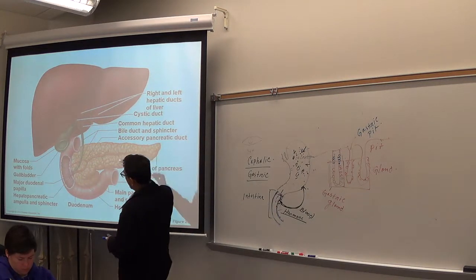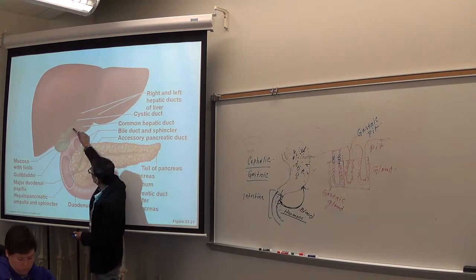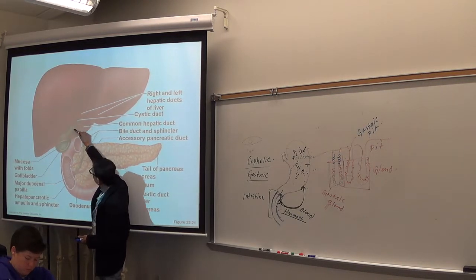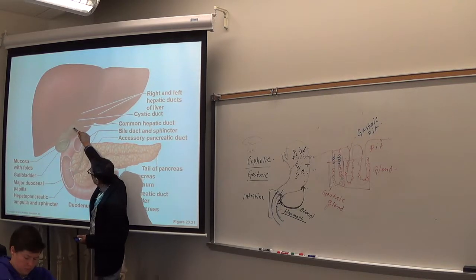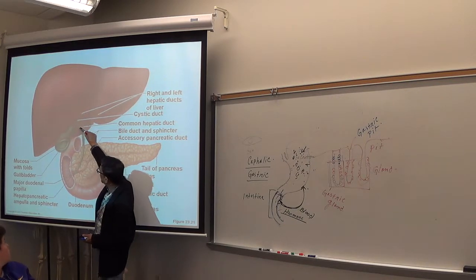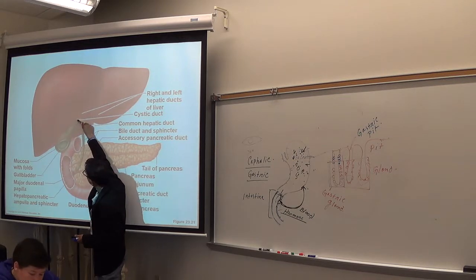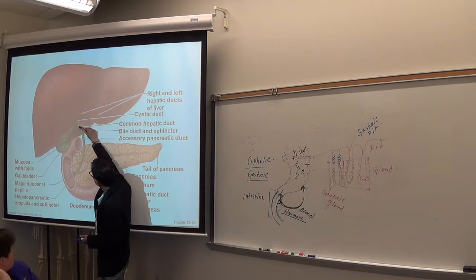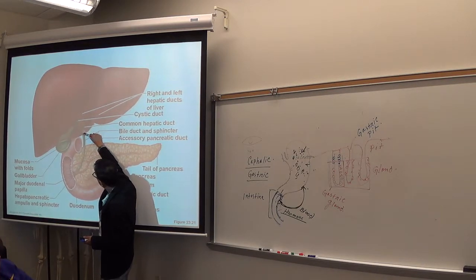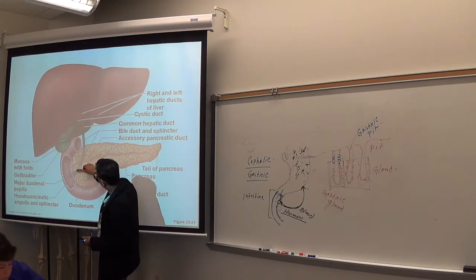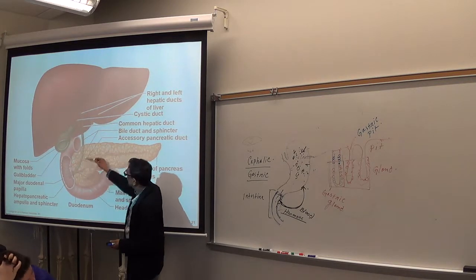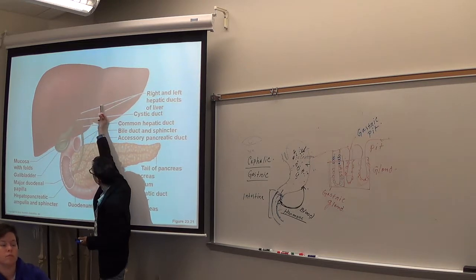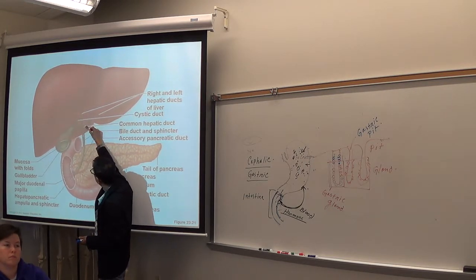So here you see now the duct that is attached to the gallbladder, that is called the cystic duct. This is the cystic duct, this is the common hepatic duct. They join together here to form this long duct that is called the bile duct. This is the right and left hepatic ducts, hepatic means liver, which join together to form the common hepatic duct.